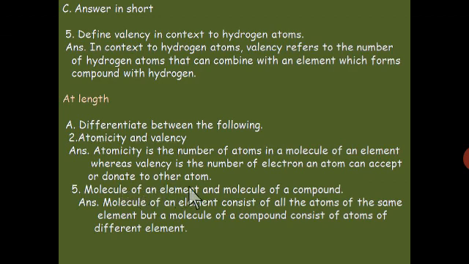So this is the difference between atomicity and valency. Question number 5, molecule of an element and a molecule of a compound. What is the difference? A molecule of an element consists of all the atoms of the same element, but a molecule of a compound consists of atoms of different elements.